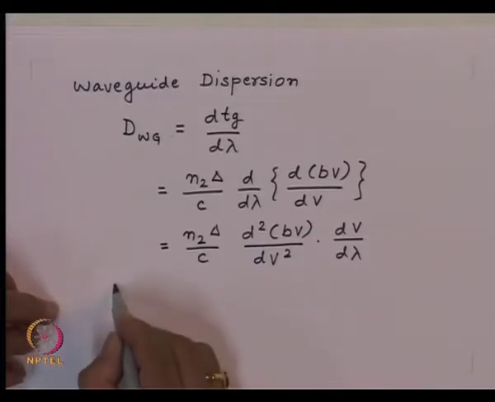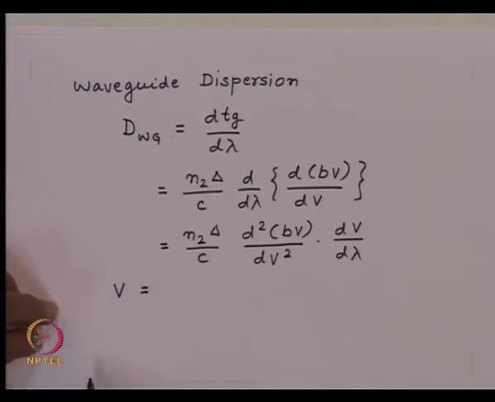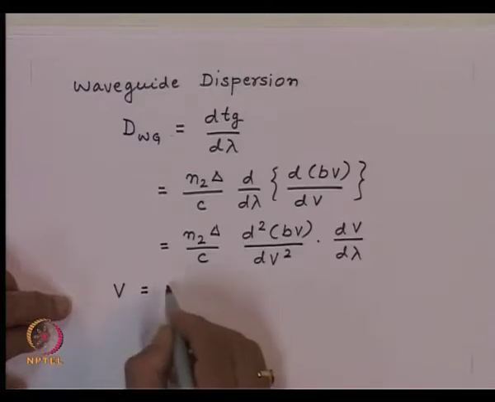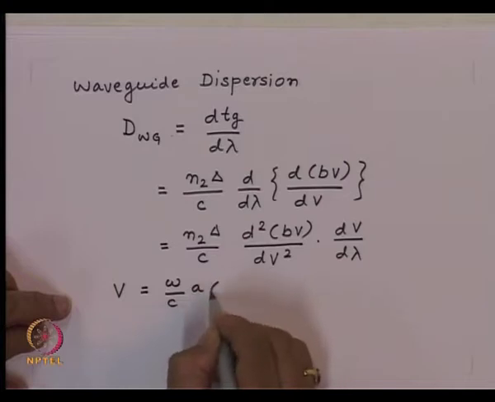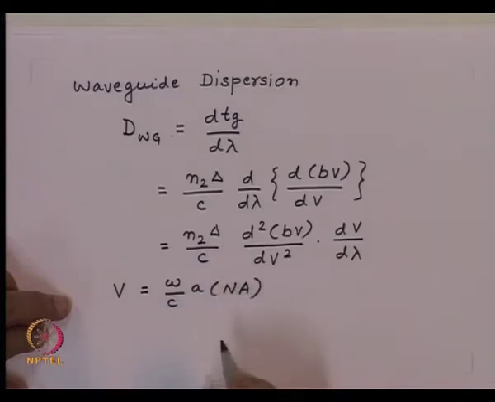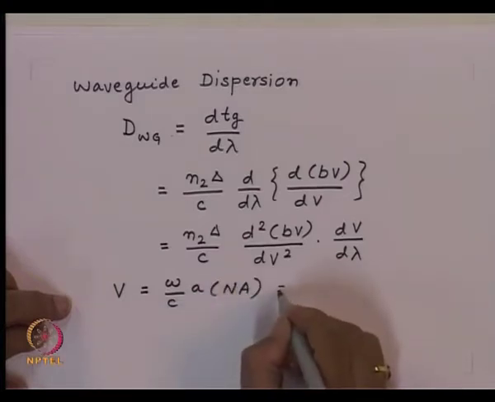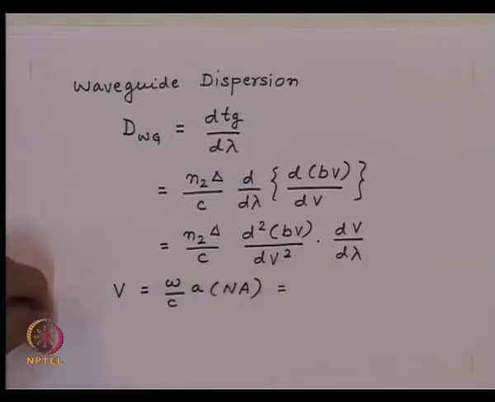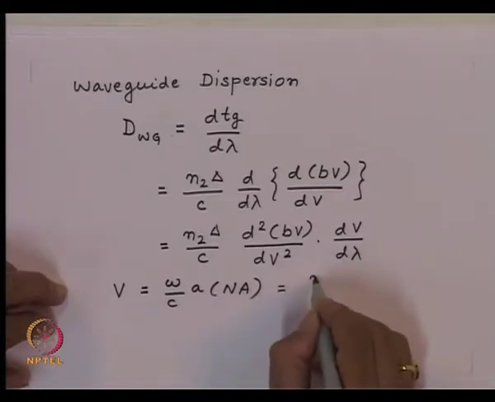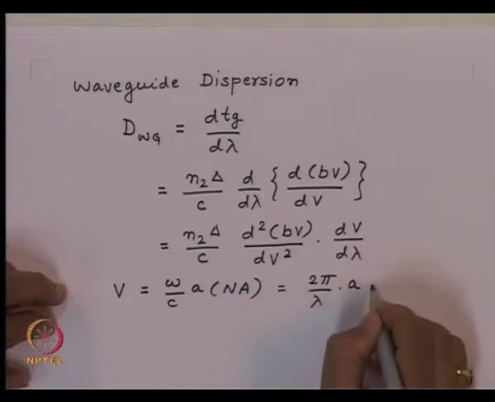Again, writing the V number now in terms of wavelength rather than in terms of omega, we know that V is omega by C into A into numerical aperture, that is the V number. But omega we can write as 2 pi f, and C upon f will give you wavelength. So this also can be written as 2 pi by lambda into A into numerical aperture.